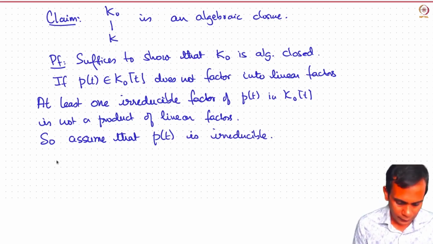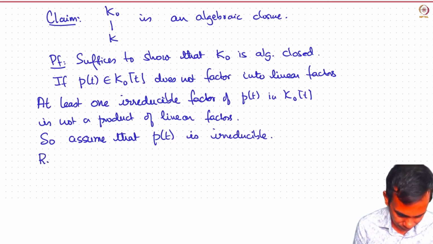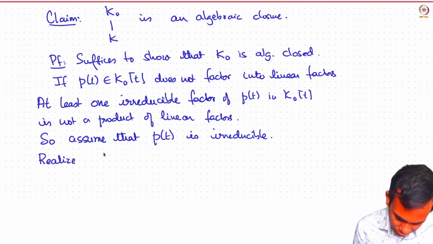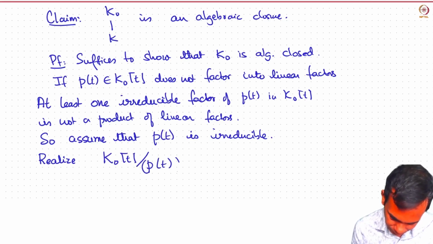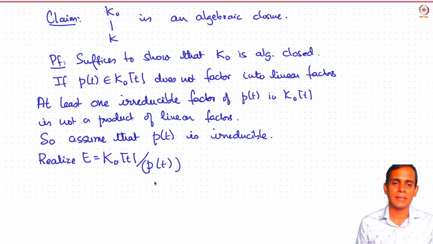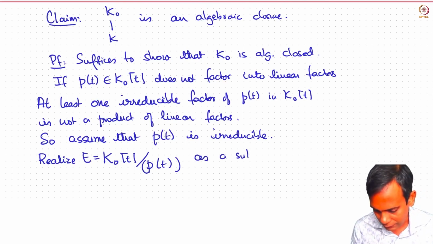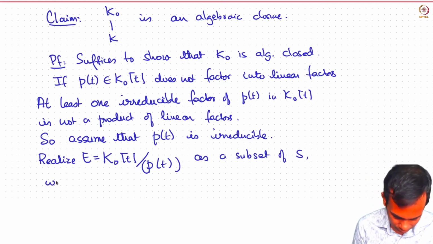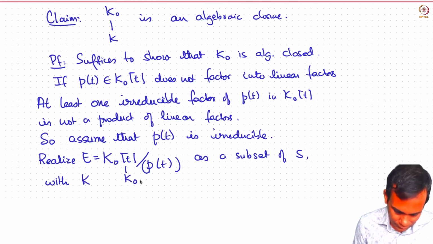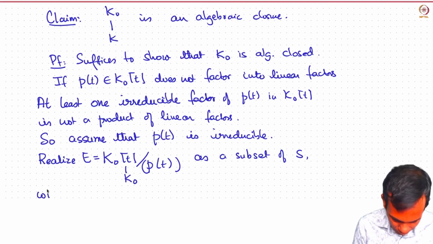Now what you do is realize the field extension K0[t] mod p(t) as a subset of S. So let's call this E. Since p(t) is irreducible, K0[t] mod p(t) is a field as a subset of S, with K0 sitting as constant polynomials.